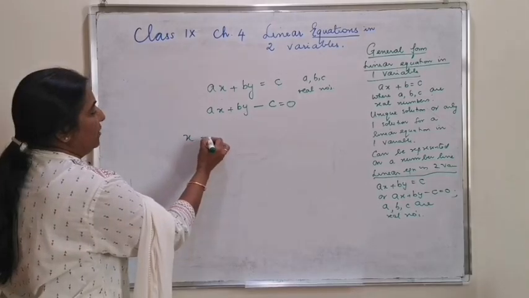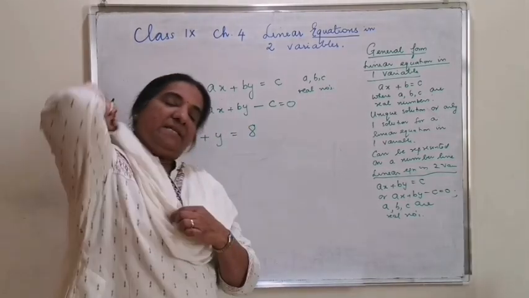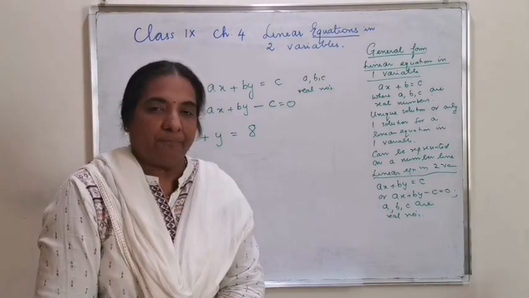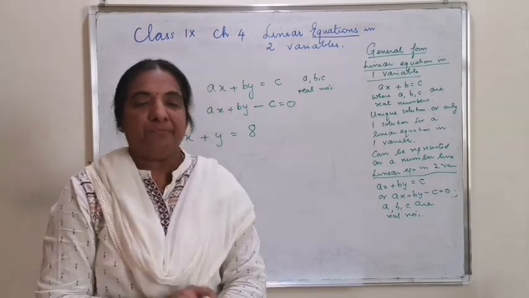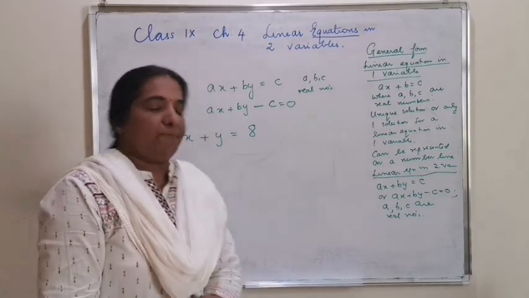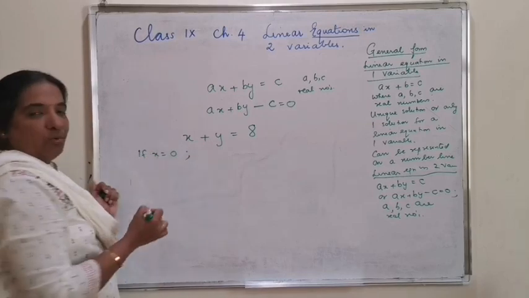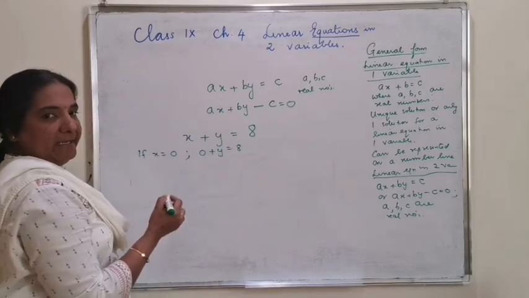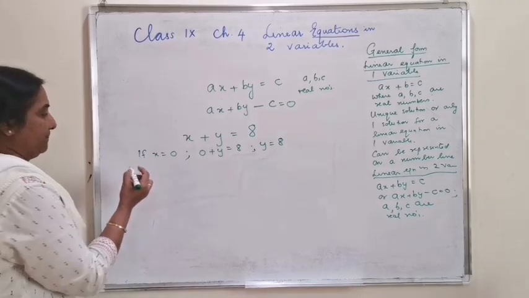So, when you take a linear equation in 2 variables, how many solutions can it have? Consider the example x plus y is equal to 8. This is a linear equation in the variables x and y. What are the possible values of x and y which will give you 8? Let us take the x value. If x takes 0, 0 plus y is equal to 8, so y also becomes 8.